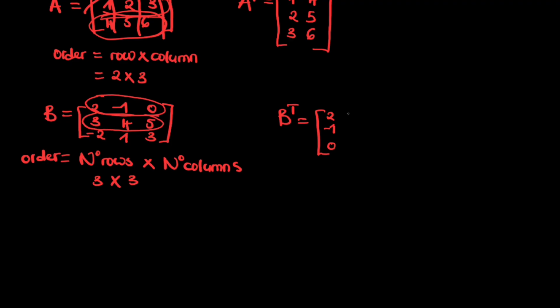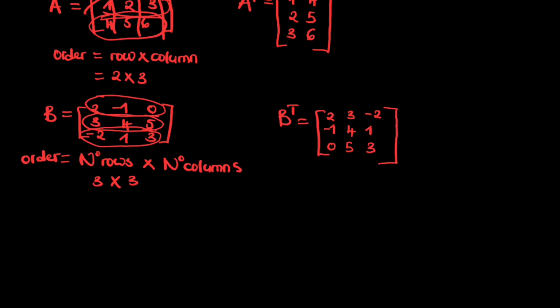So that gives us 3, 4, and 5. As easy as that. The third row becomes the third column of our transpose matrix. So we have minus 2, we have 1, and we have 3. That is all for that.